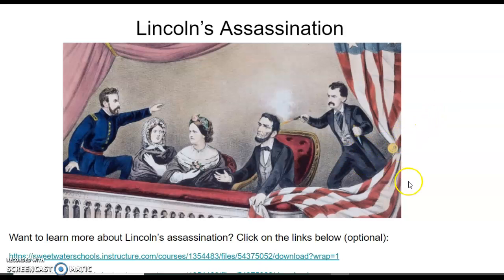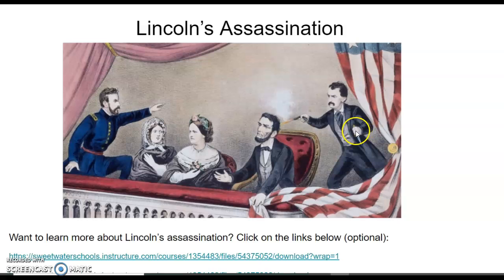So what he did was he snuck up to the presidential booth and fired one shot to the back of President Lincoln's head. And seen here is President Lincoln's bodyguard who confronted Booth and was actually stabbed, where you see here a dagger in his hand.